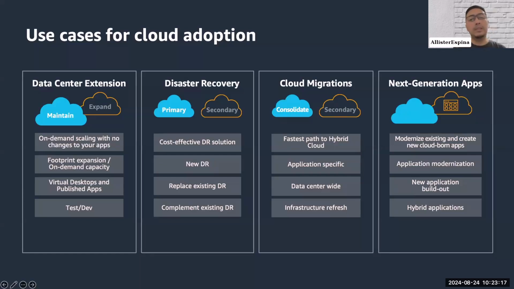And then disaster recovery, a very good use case, wherein probably you will still maintain your production environment on your own data center, and then move your DR site to the cloud.